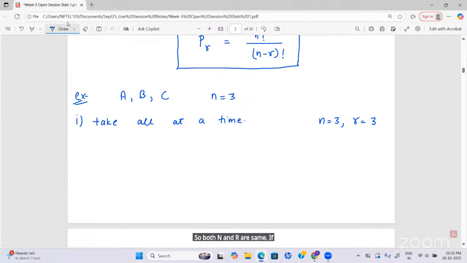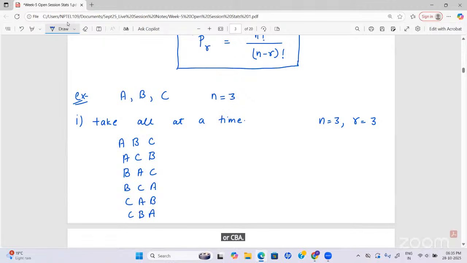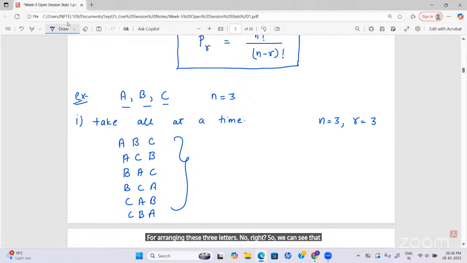If I arrange these 3 items, I can arrange it like this: A, B, C or A, C, B, or B, A, C or maybe B, C, A, or it can be C, A, B or C, B, A. Can you think of any other possibilities apart from this for arranging these 3 letters? No, right? So we can see that we have 6 possibilities to arrange these 3 letters.